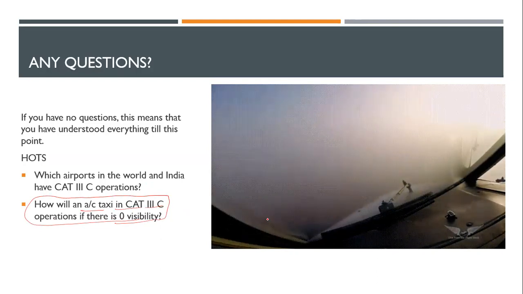If the visibility or the RVR is zero, suppose that your aircraft lands with the help of ILS. How will it taxi or how will it flare? Yeah, so these are the reasons I've already answered.